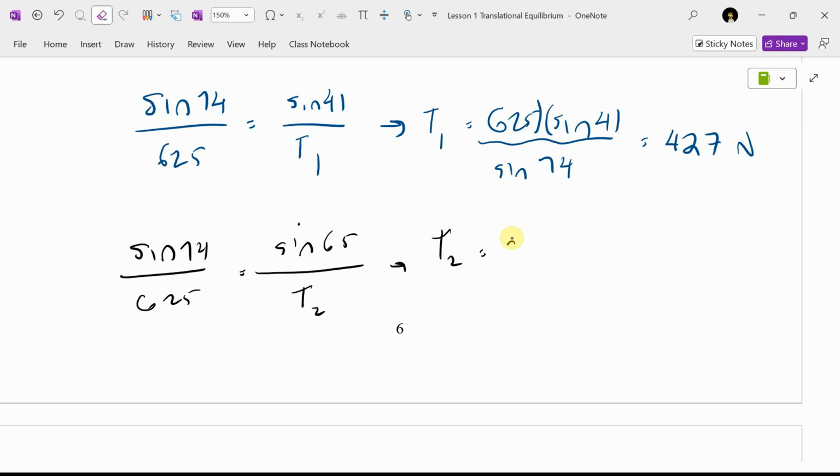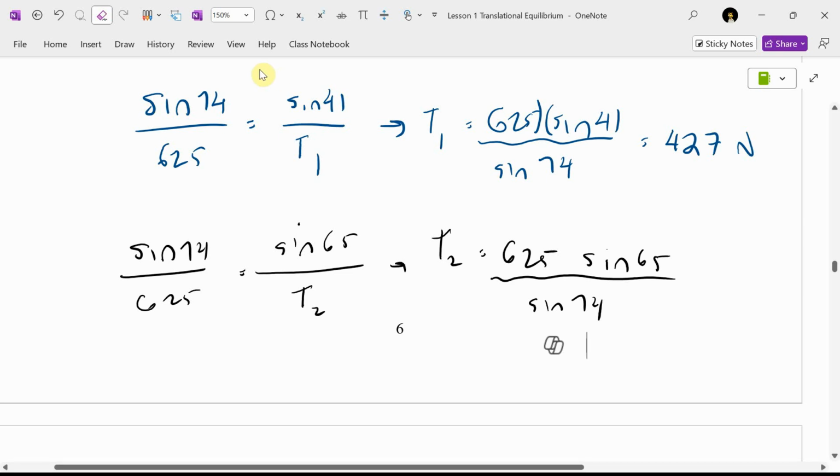I guess it's going to be 625 sine 65 divided by sine 74.